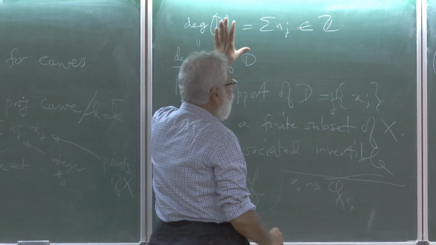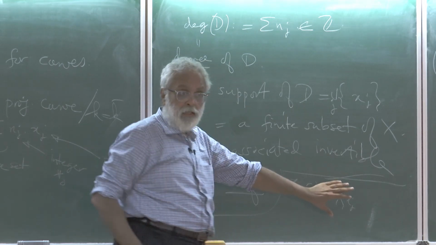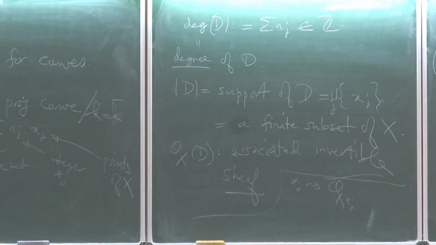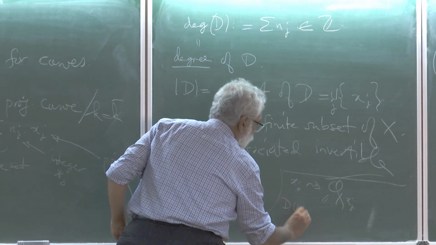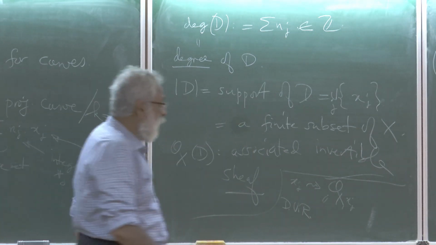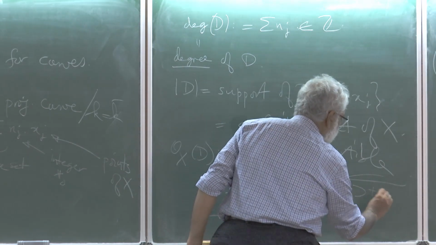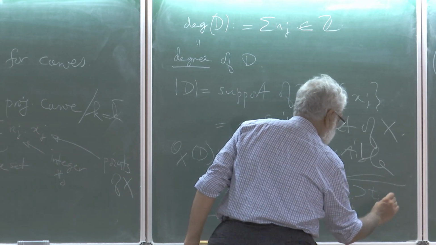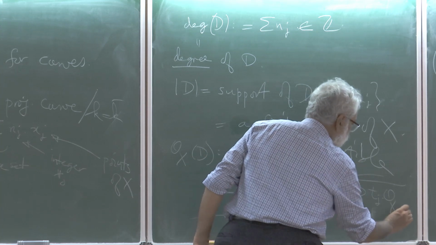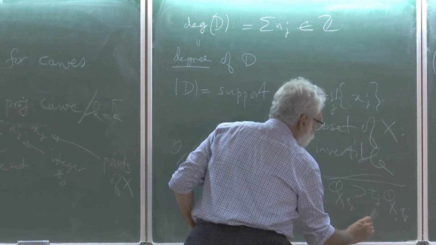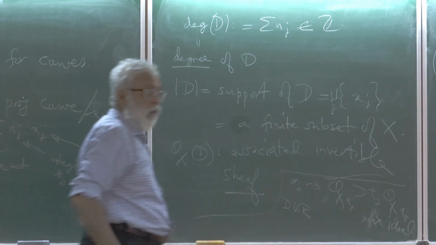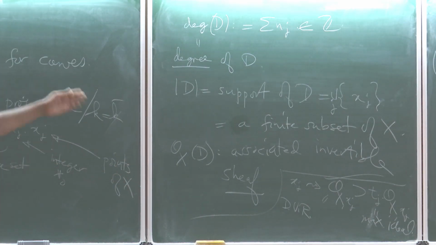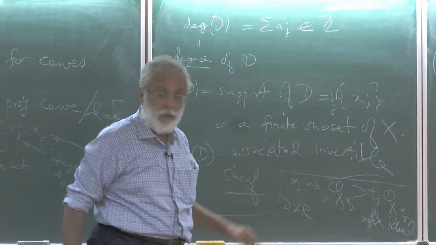Now X is a non-singular curve, so this local ring is a discrete valuation ring. In particular, its maximal ideal is a principal ideal, generated by some t. So I have this data also associated to each of those points x_j.